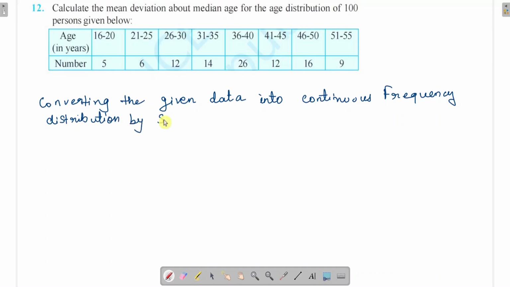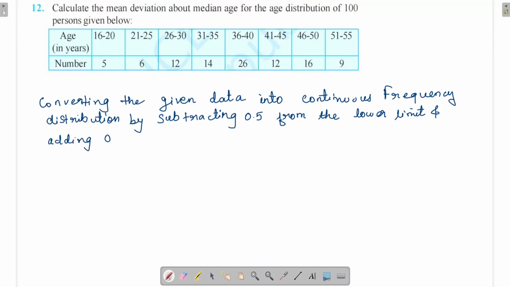by subtracting 0.5 from the lower limit, and adding 0.5 to the upper limit.